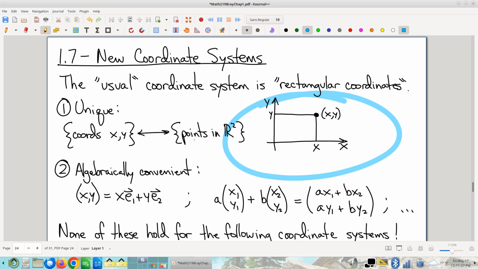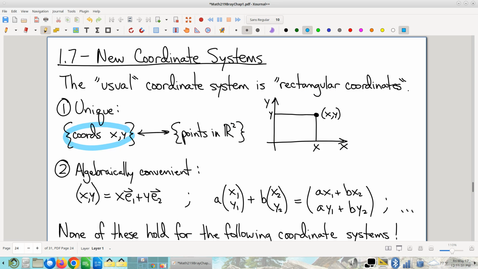I'll point out that what this means is that if you give me a pair of coordinates, that produces a point in the plane. It also is the case, and this is a different observation, that it goes the other way.